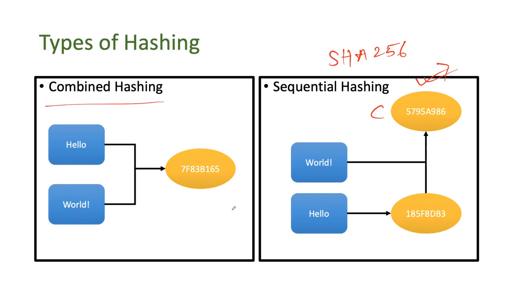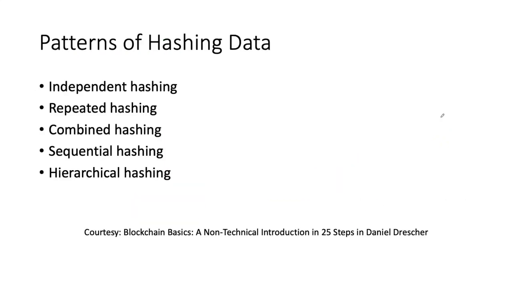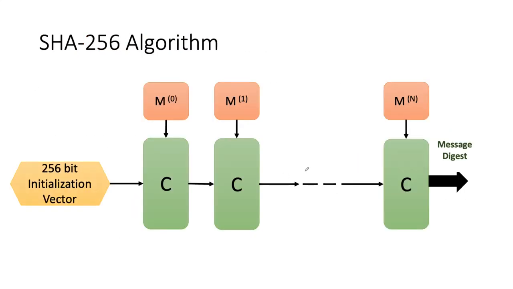But initially, before starting this process, one hash is computed. We call that h of 0. Then this is your h of 1. Then here it is h of 2. The sequential hash which we just observed in this case. So the SHA algorithm follows the sequential hashing.